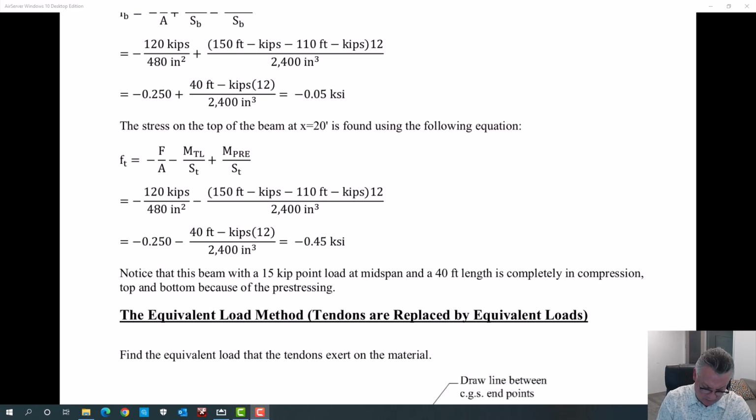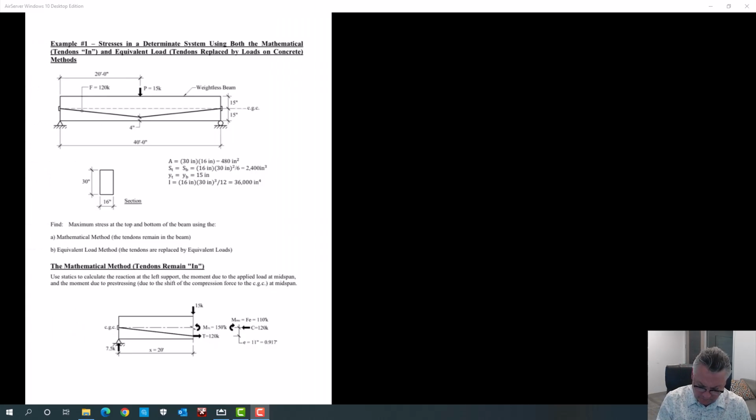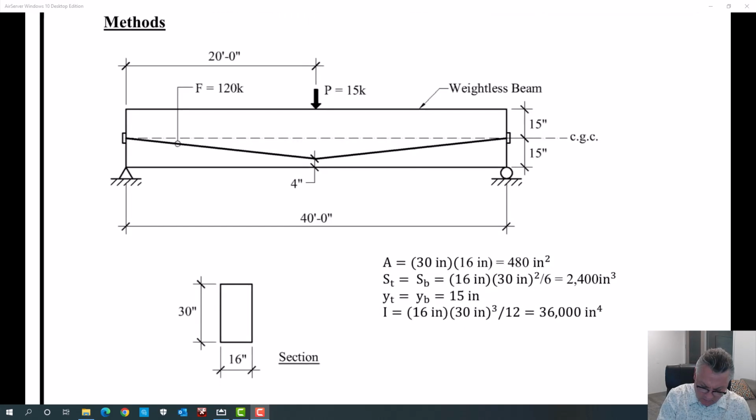Since we're looking at the stress on the top, these are the signs. And it turns out that at the top of the beam, we have 450 psi or 0.45 ksi in compression. So with that 15 kip point load, both the top and the bottom of the beam are in compression. The top was in more compression.